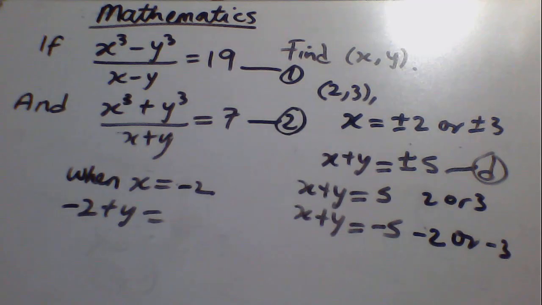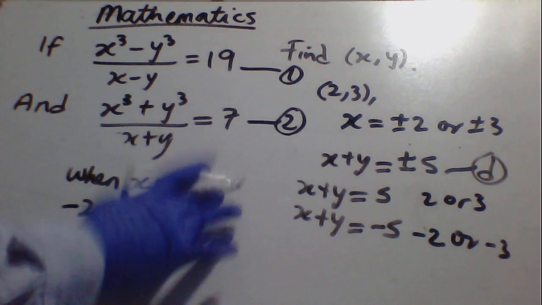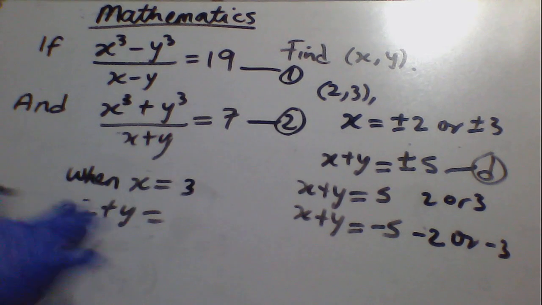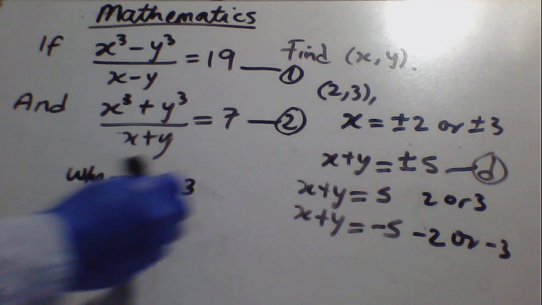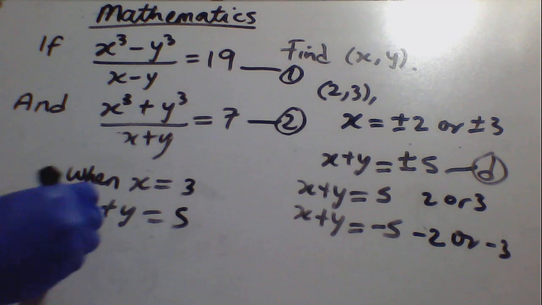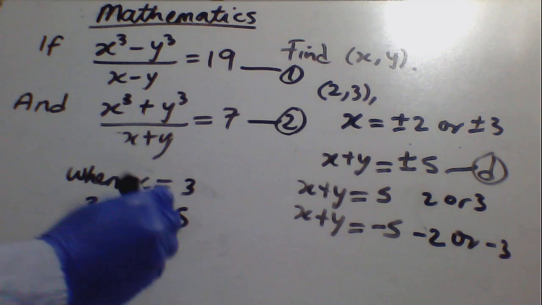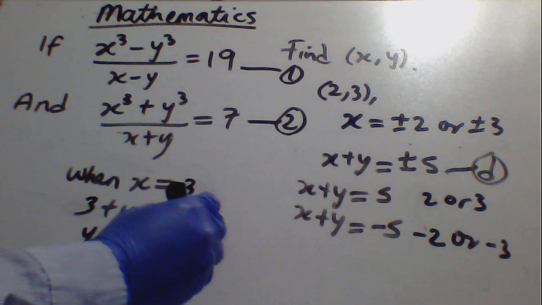Remember the values of x we have and the values of s here. So where s is 3, y will be equal to 5 minus 3, and that gives us 2.